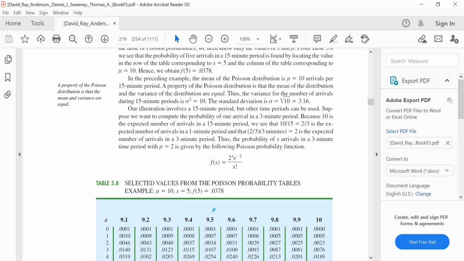Thus, the probability of x arrivals in a 3 minute period, with mu equal to 2, is given by the following Poisson probability function.